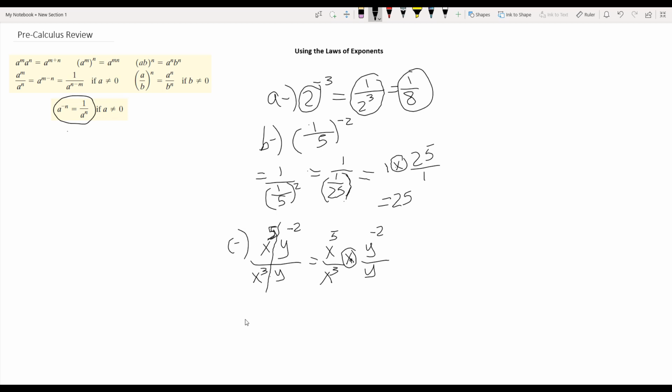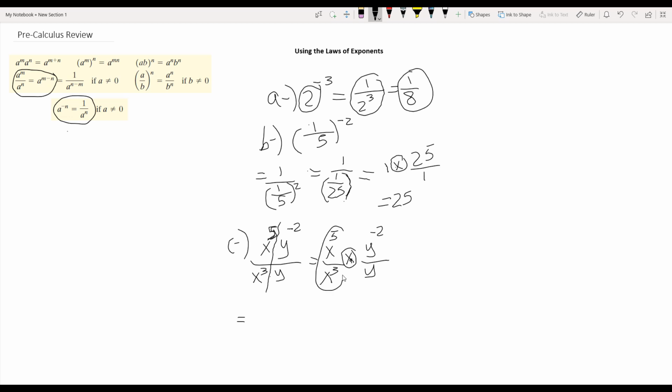So, again, looking at the formulas here, which one of these do you think we can use in order to solve this? Well, look closely at this one. You see that? a to the m over a to the n. Do you see the same pattern here?